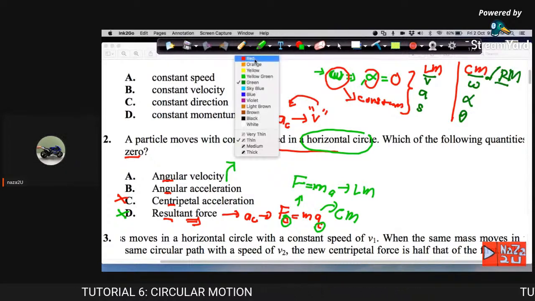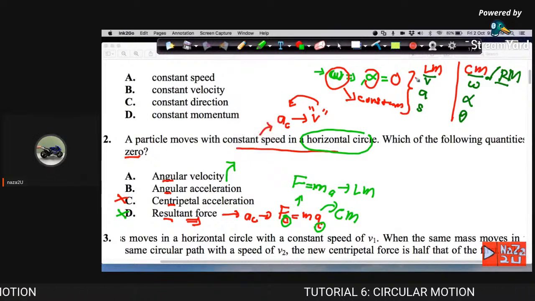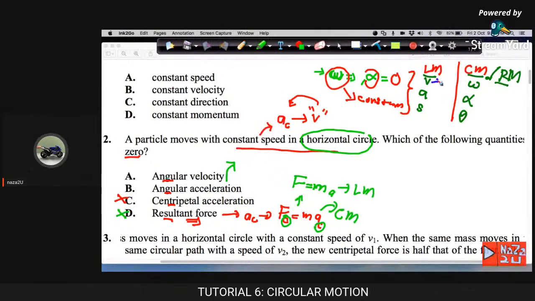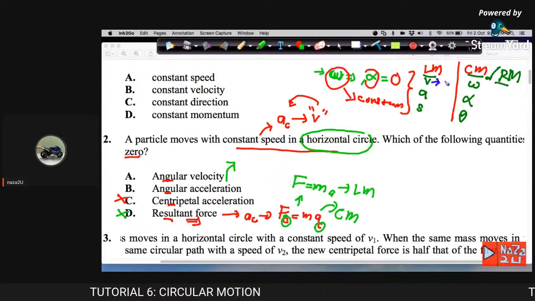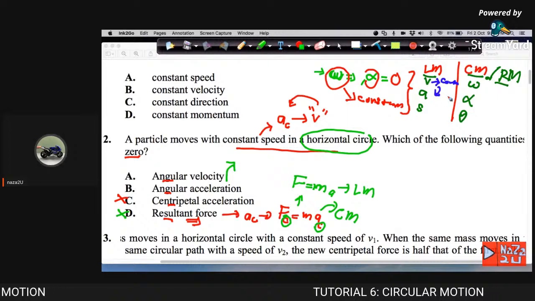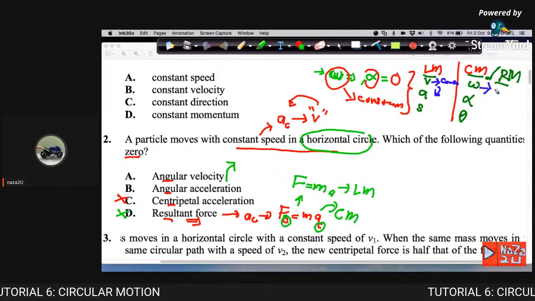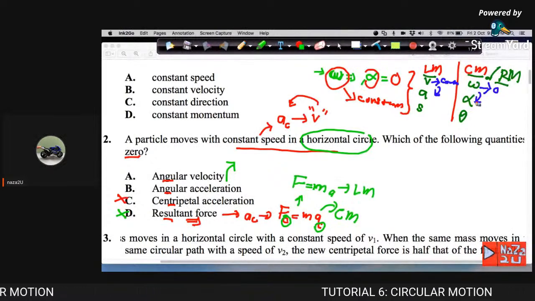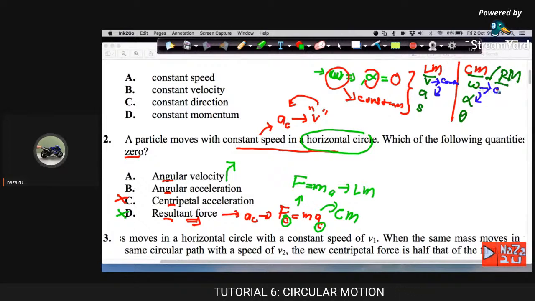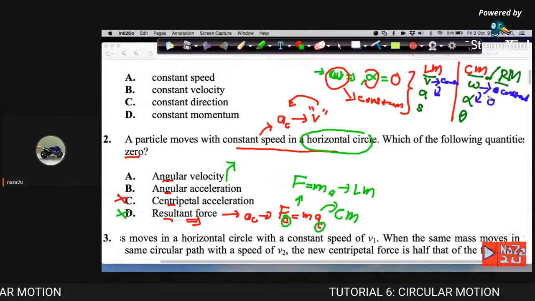So now, for question number 2, if the V is constant, acceleration is equal to 0. The same, omega, the angular frequency or angular velocity, is constant, and alpha is also equal to 0.